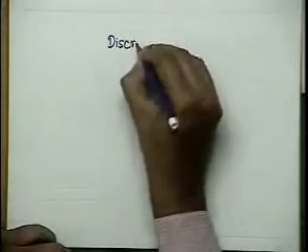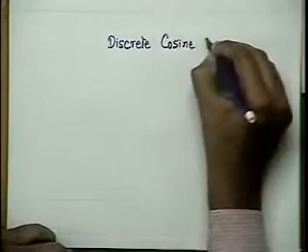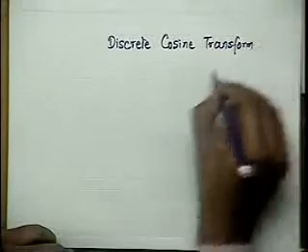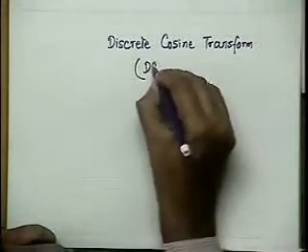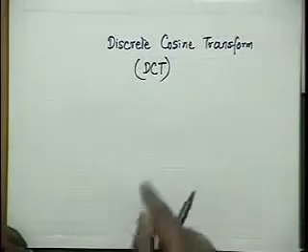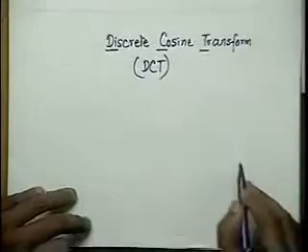So we now introduce the discrete cosine transform. In short form, this is written as DCT. That was called DFT, and discrete cosine transform is known as DCT.